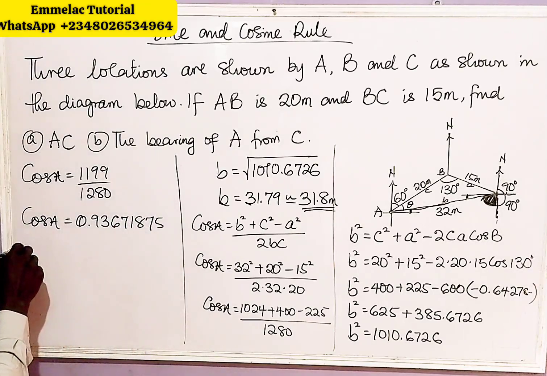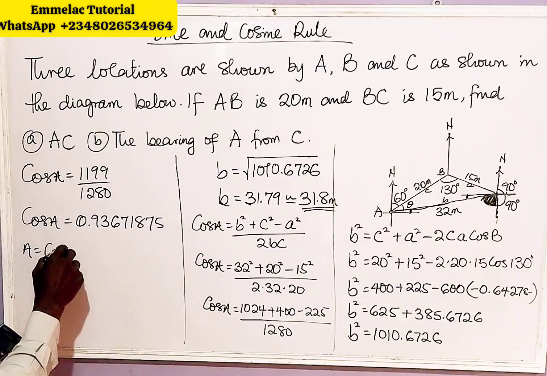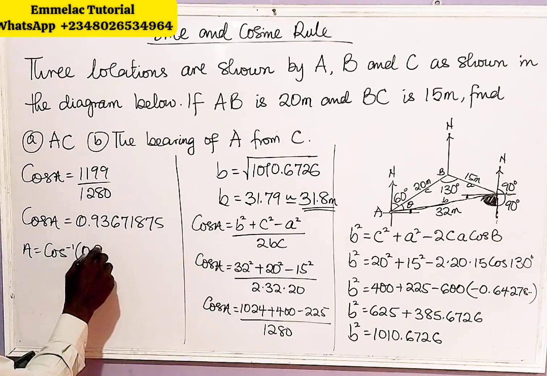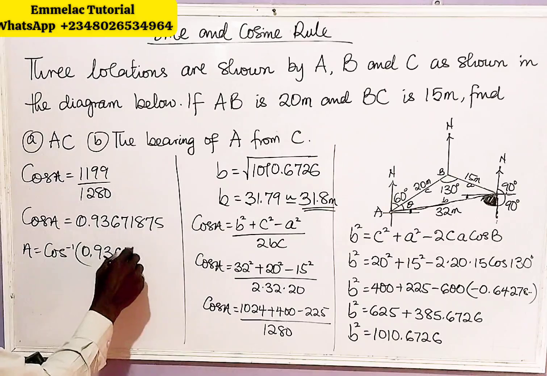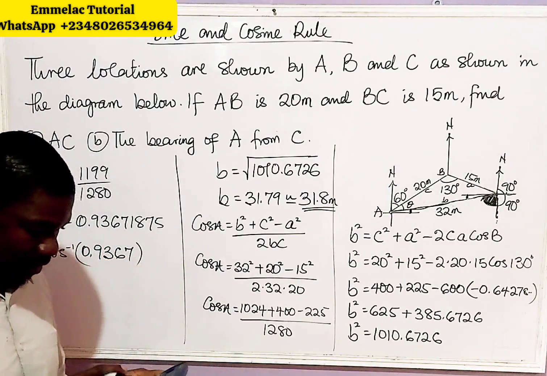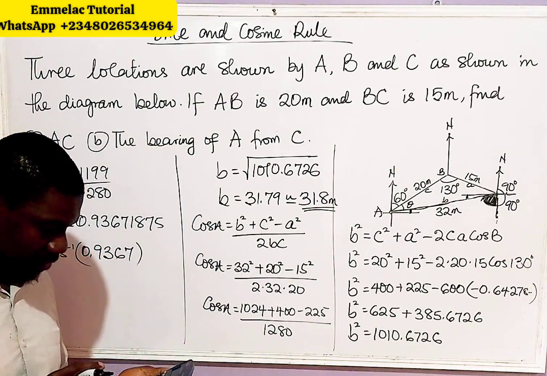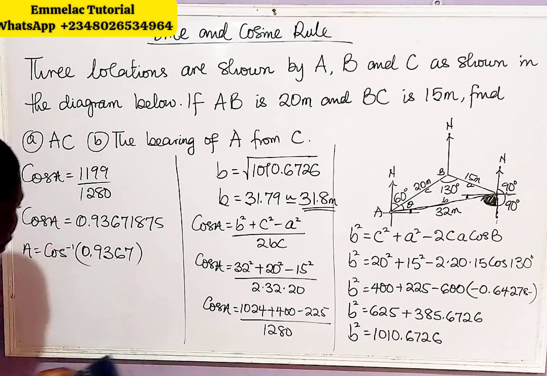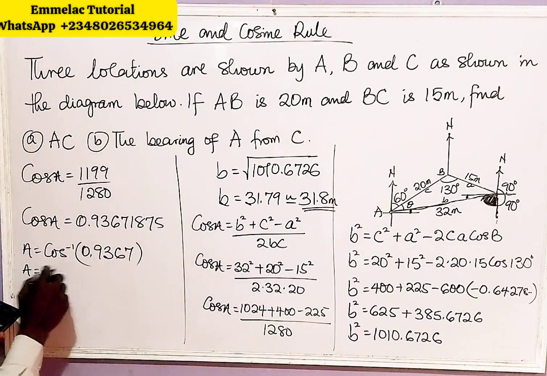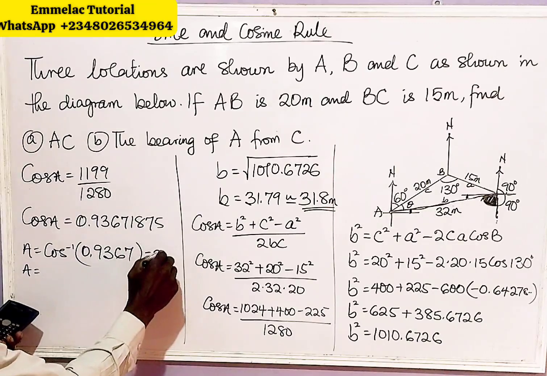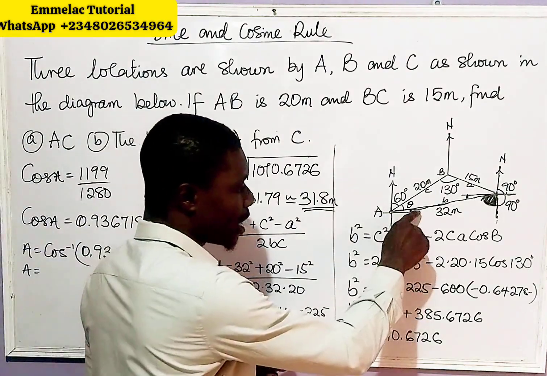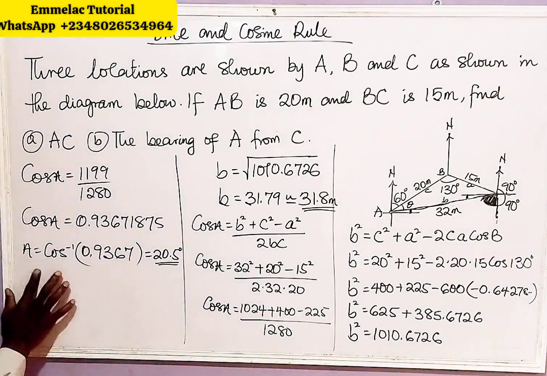Alright, so let me just put it to 4 decimal places, 0.9367. Then the cos inverse of this will be 20.5 degrees.